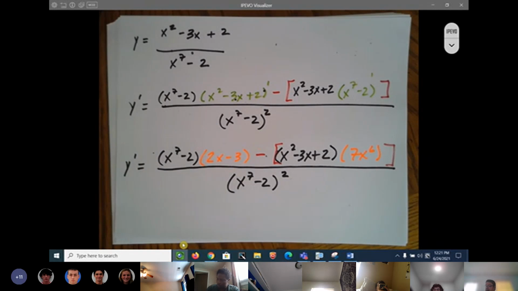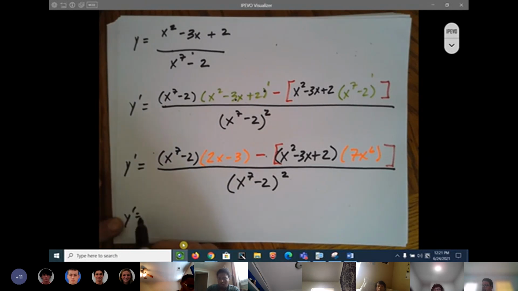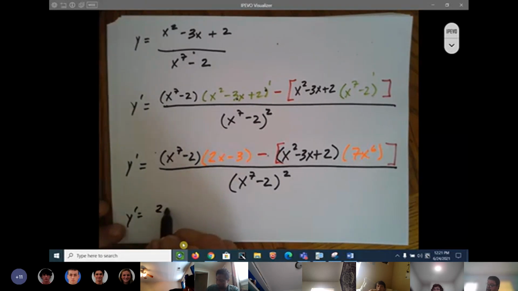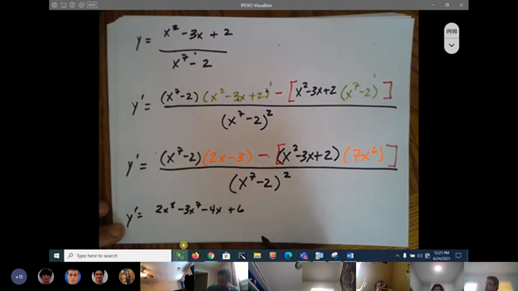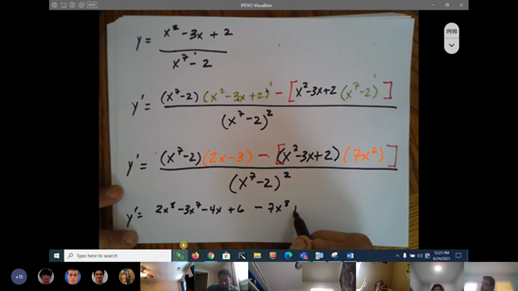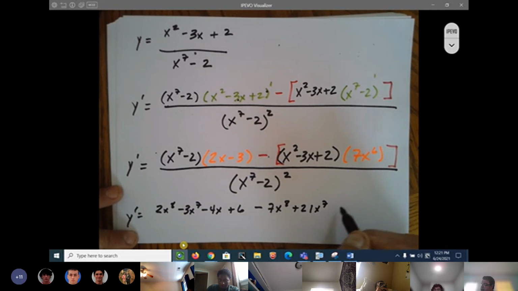So I'll help you out. Y prime is equal to 2x to the 8th minus 3x to the 7th minus 4x plus 6, minus 7x to the 8th plus 21x to the 7th minus 14x to the 6th.